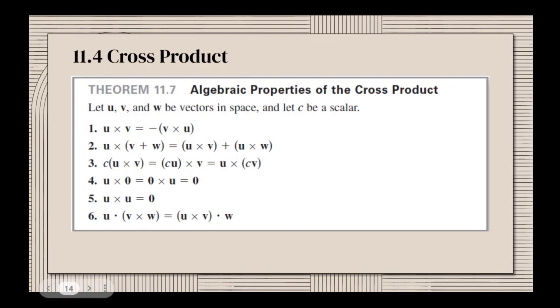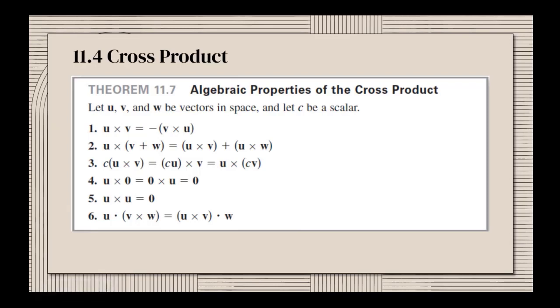For the fourth property, if you take the cross product with a zero vector in any way, either u cross zero or zero cross u, you're going to end up with the zero vector. The fifth property shows that if you do u cross u, a vector crossed with itself, it will result in a zero vector as well.